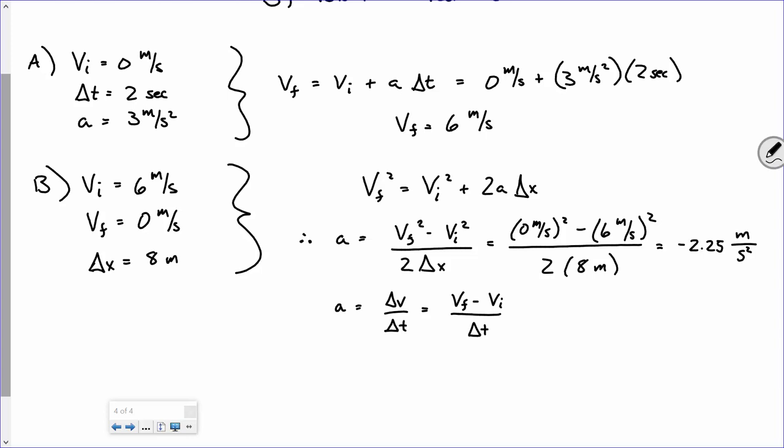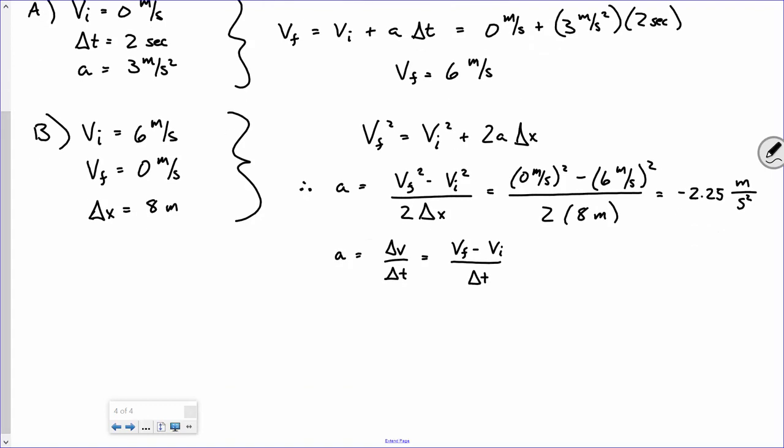So if I want to solve for the change in time, it's VF minus VI over A. So what is this? 0 meters per second minus 6 meters per second over negative 2.25 meters per second squared.